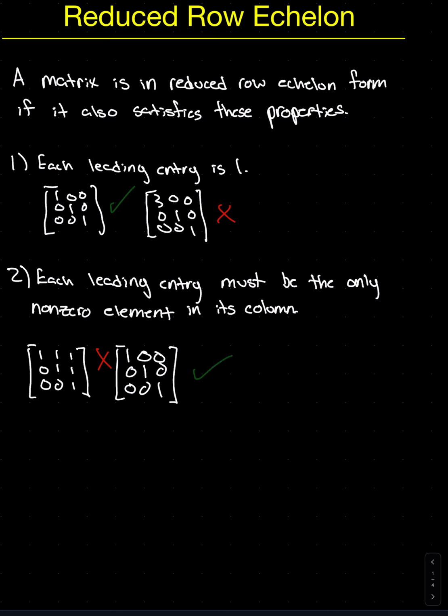If a matrix satisfies the first three properties from row echelon plus these other two that I just discussed, it is in reduced row echelon form. It's also important to note that every matrix has a unique reduced row echelon form, as opposed to row echelon form, where it doesn't necessarily have to be the same. So there you have it, and this is how you find if a matrix is in reduced row echelon form or not.